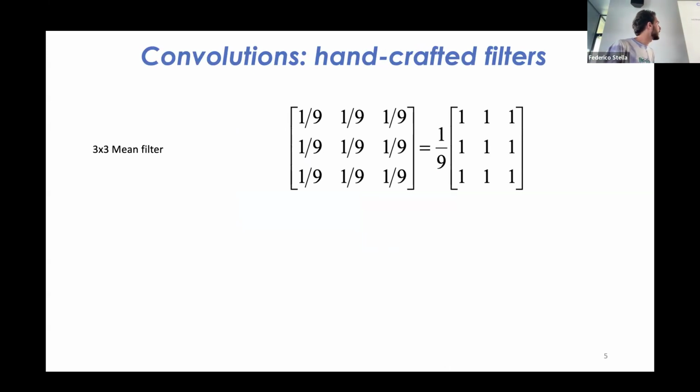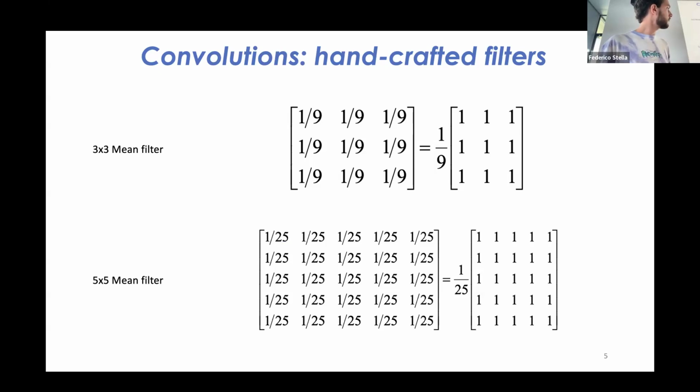And if we want to have a bigger neighborhood, we can create a bigger filter, for example, a 5x5 mean filter. So here you have, of course, 1/25 in every location of the filter. For performance purposes, you can simply factor the division out of the kernel to be faster, but that doesn't really matter for today.